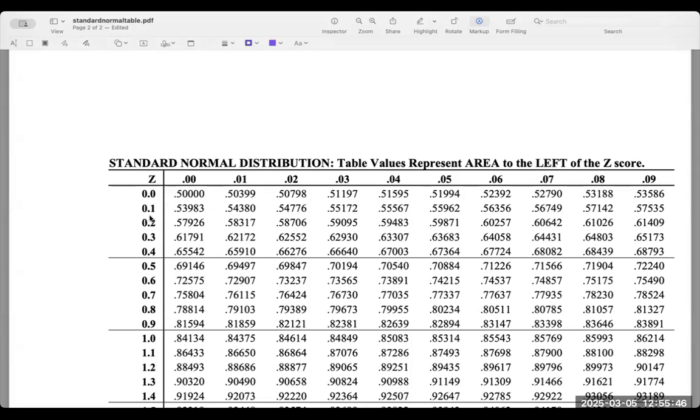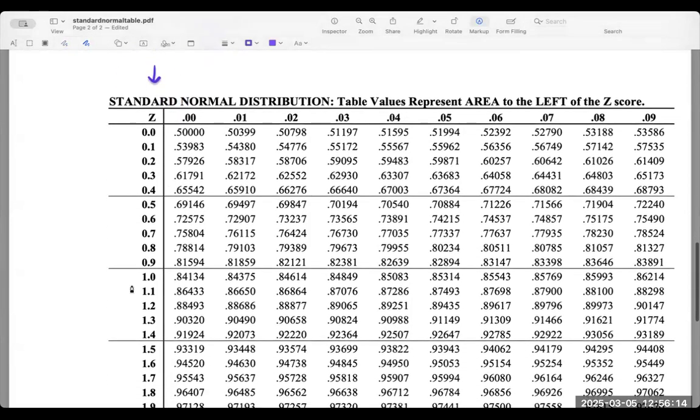Now, here on this side of the table, I have Z-scores, but I also have some decimals over here. What do these decimals mean? For example, I gave you the Z-score Z is equal to 1.24. Let's see if we can find that. So the first part, I'm going to look in this column here for 1.2. Here's 1.2.